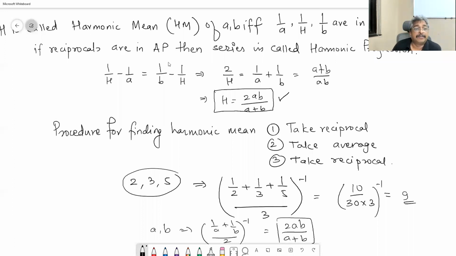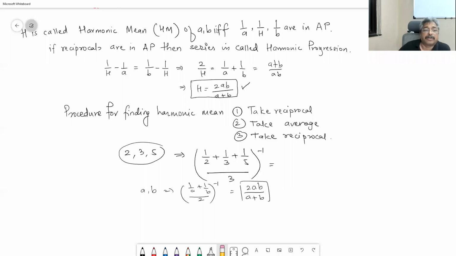I will wait. So one should not make hurry while doing calculations. This is 15. One should not be in hurry. 15 plus 10 plus 6 upon 90. At least this 90 is correct now. Yes.